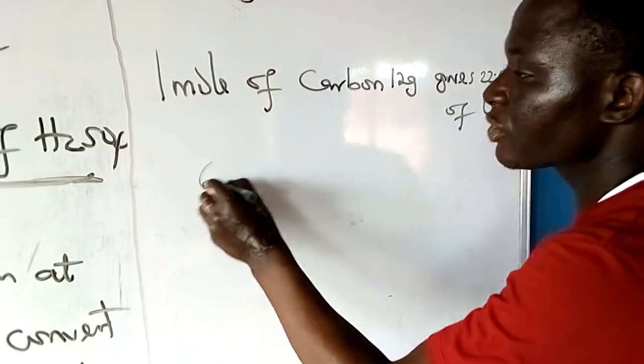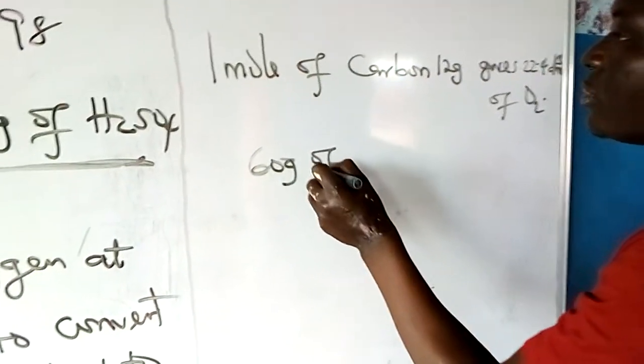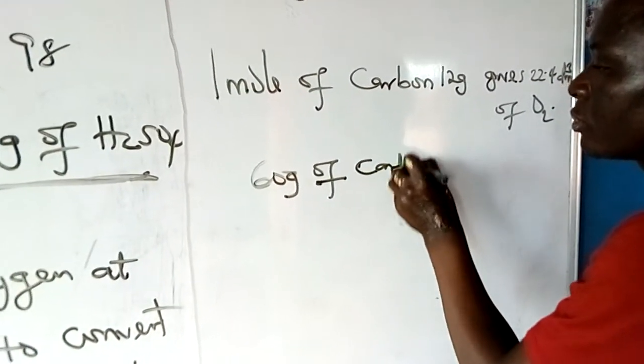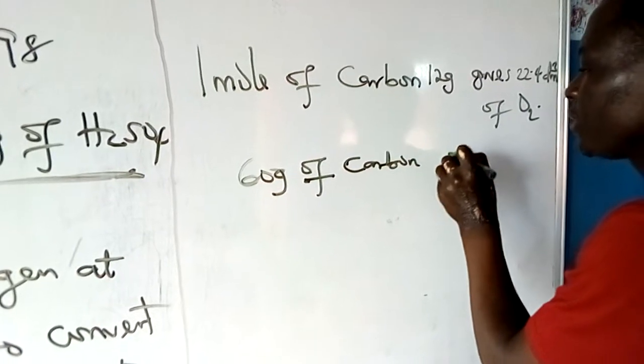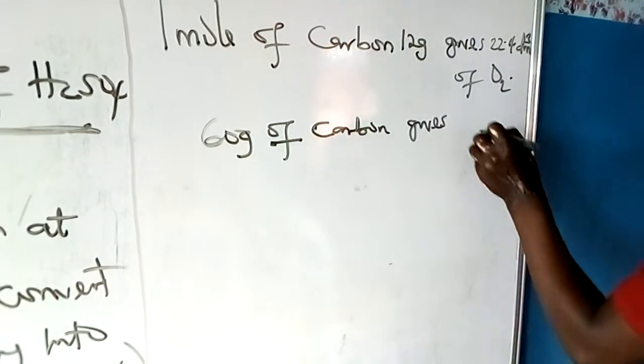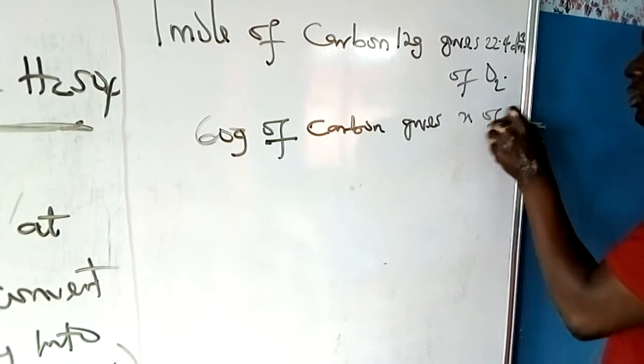So 60 grams of carbon gives what? X of oxygen.